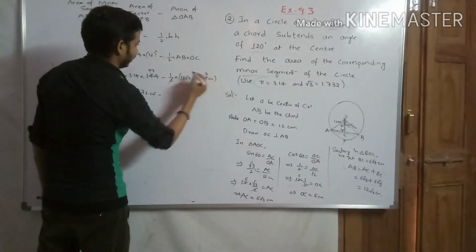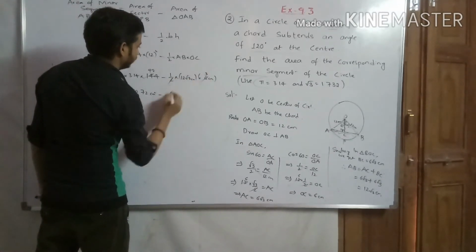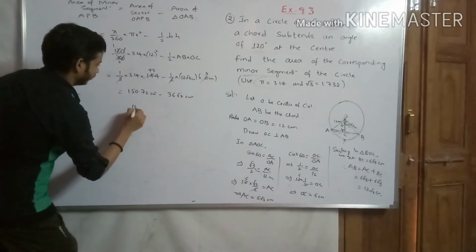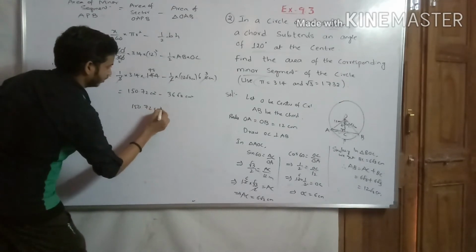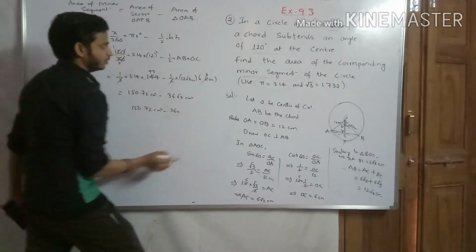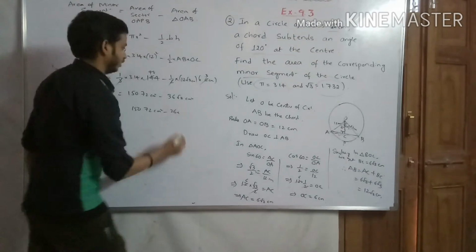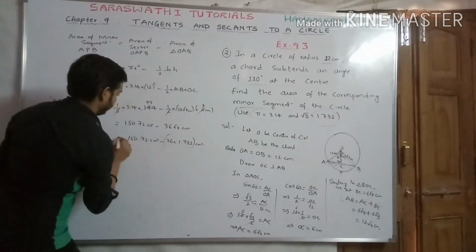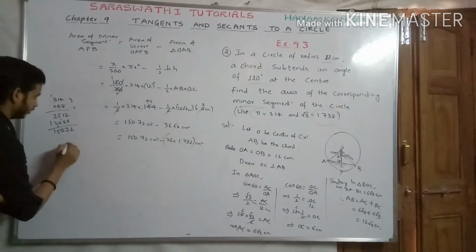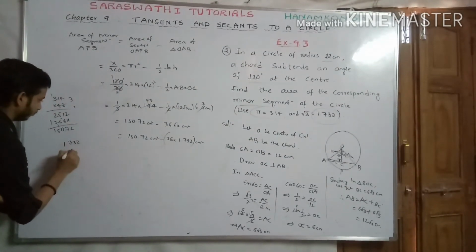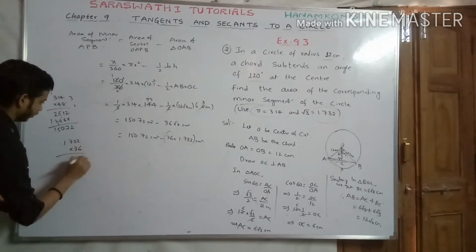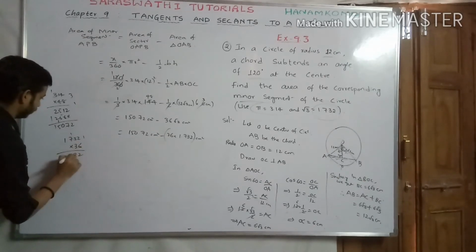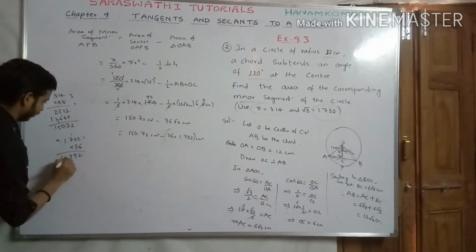2 3s are 6. Okay, 12 3s is 36 root 3 centimeters into centimeter square. So 150.72 centimeters square minus 36 root 3, where the value of root 3 is 1.732, as mentioned in the question. So 36 into 1.732. 6 2s are 12. 6 3 is 18 plus 1 19. 6 7 are 42 plus 1 43. 6 1 is 6 plus 4 10.